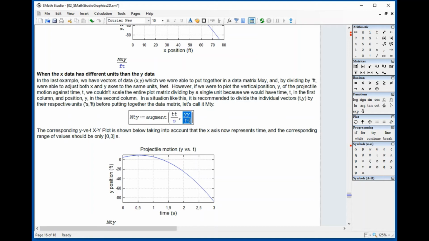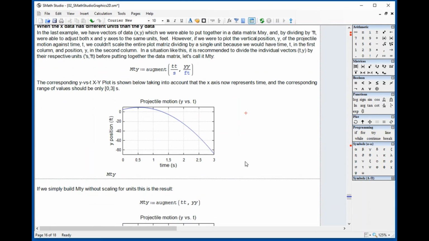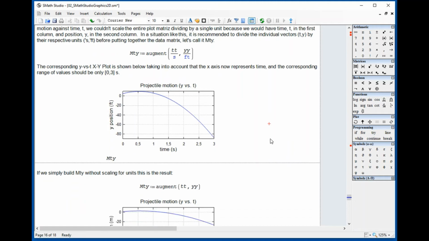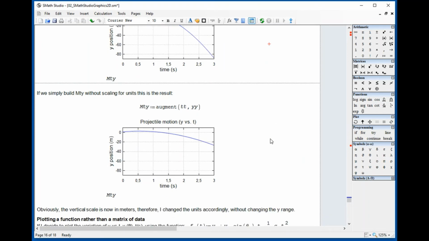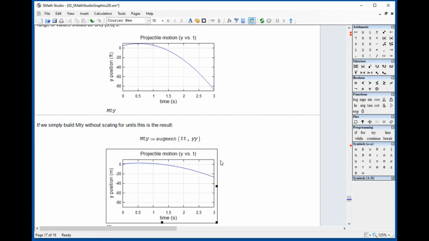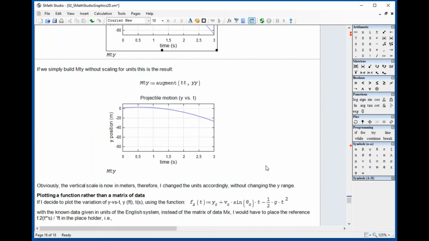In here, I'm just describing the behavior of the vertical distance y as a function of time. And in that case, my matrix is already dimensionless and it's going to give me the right graph in feet for y and times in seconds. If I had not scaled down the units, then this is what I'm going to get, which is different than the actual graphic that I produced.